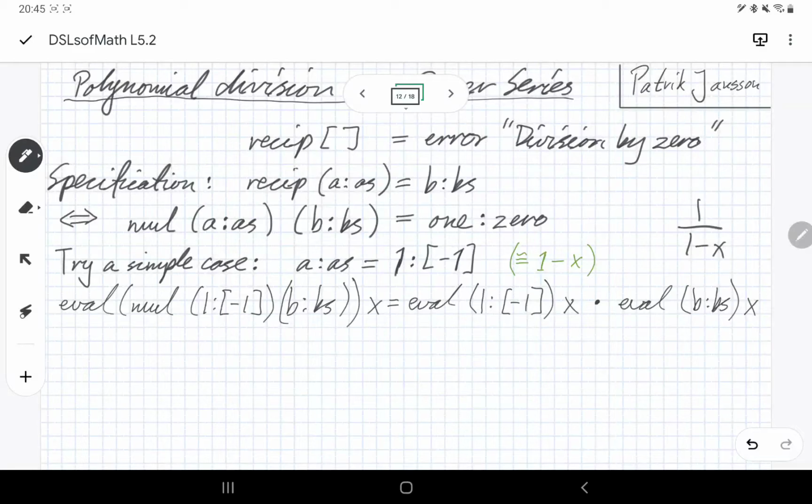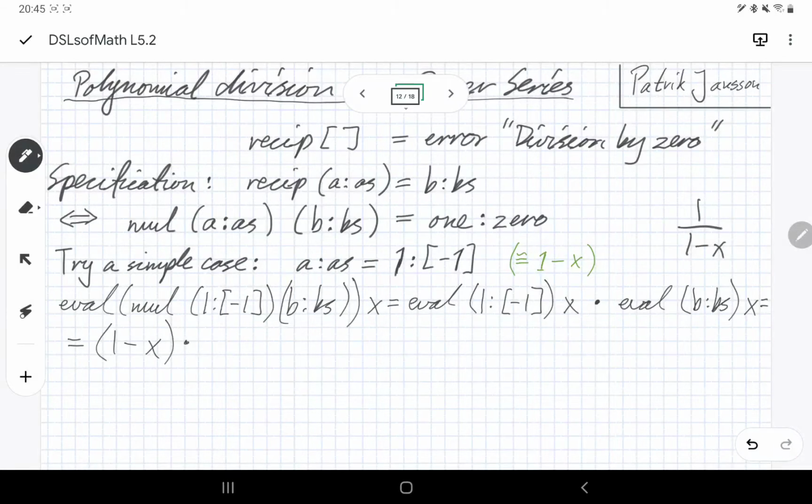Okay, now let's see, what is eval of 1 minus 1x? Well, we can turn the crank of the definition of eval and we'll find out that this is in turn equal to, well, 1 is the constant, so 1, and then minus 1 is the x term. So 1 minus x times the evaluation of the other one. So here I will go towards the mathematical definition.